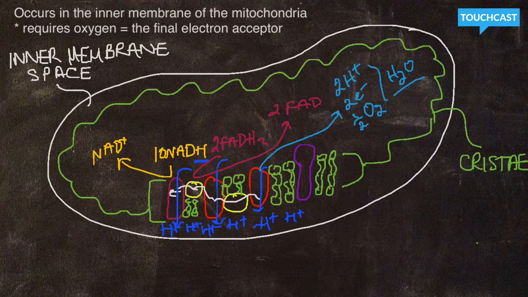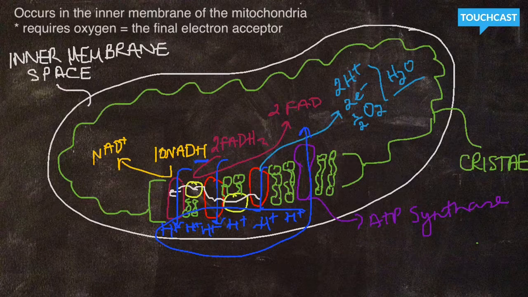Okay, so now we've dealt with our electrons, they've been picked up and cleaned up, and now we have to deal with our ATP synthesis. That is the whole goal. So this last enzyme here is called ATP Synthase. And remember, just like in the light reactions, all of these hydrogens are going to get shuttled back across ATP Synthase.